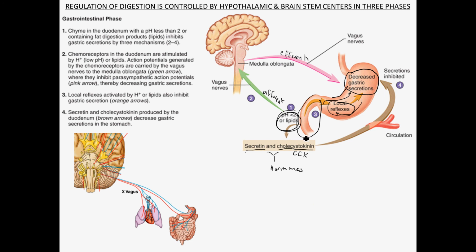And again, when acid chyme enters the duodenum, these two hormones, secretin and CCK, go into the bloodstream, and they will then inhibit any secretions by the mucus cells and the parietal cells and those chief cells. And so we then shut down the production of the gastric juices in that way. Okay?